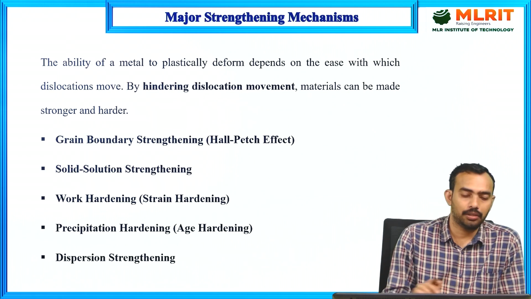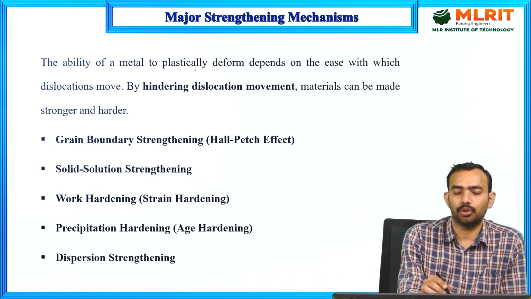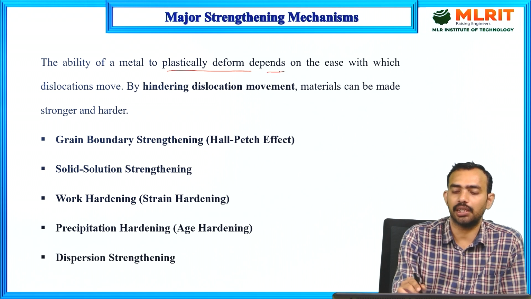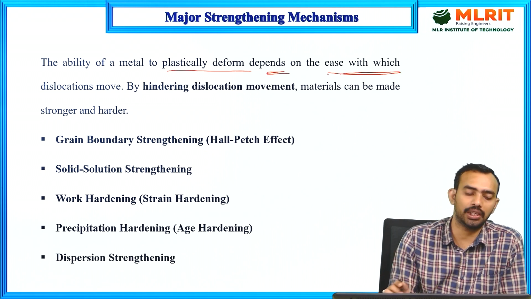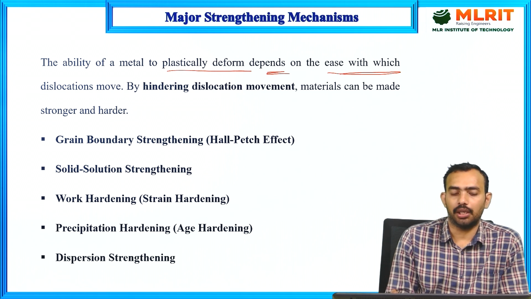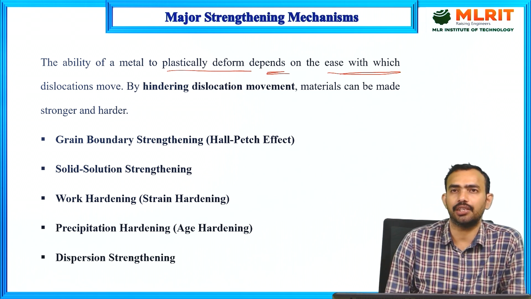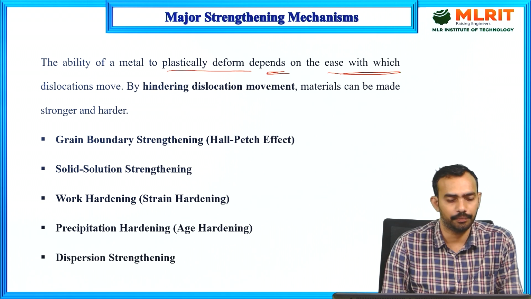Okay, so the ability of a metal to plastically deform depends on how easily the dislocations move. If the dislocation movement is very easy, then plastic deformation is very easy for the material.